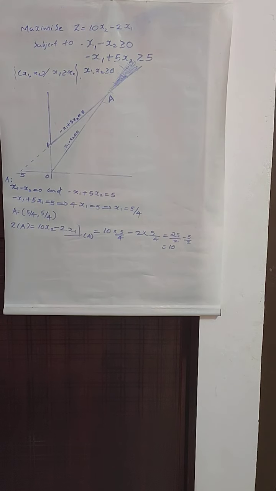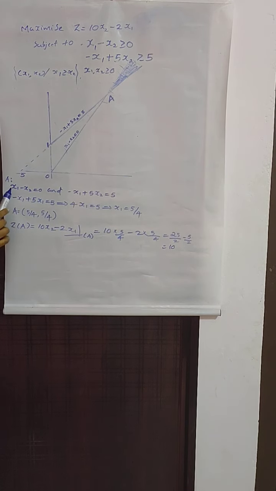Okay, now we have to find the vertices. Let it be a, and we want to find the value of a. And a is the point at which these two lines, minus x1 plus 5x2 equal to 5 and x1 minus x2 equal to 0, intersect. So, to find the value of a, we have to solve these two equations.